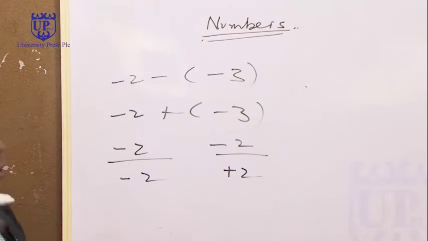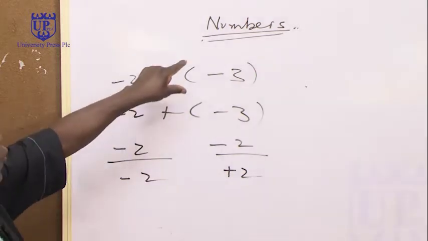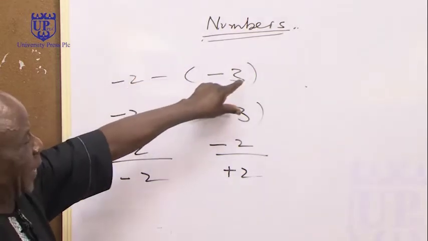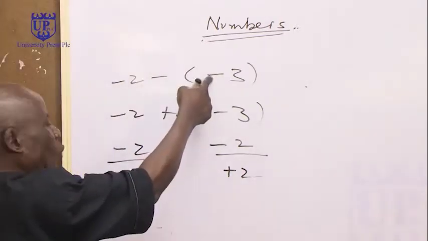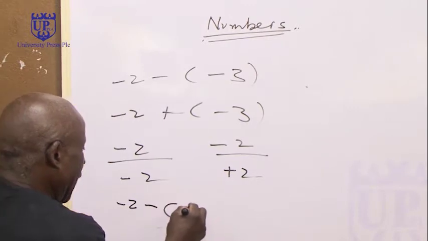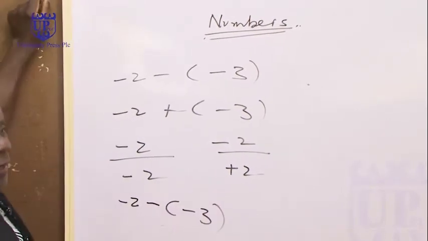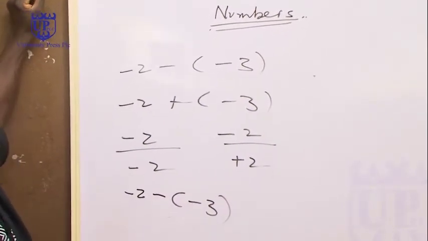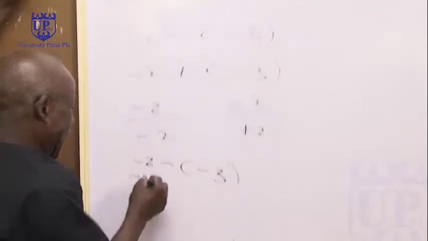And from your BODMAS, you are to consider what is in the bracket first. If you want to remove the bracket in minus 2 minus 3, remove the bracket first. How are you going to do that? Minus 2 is still there.